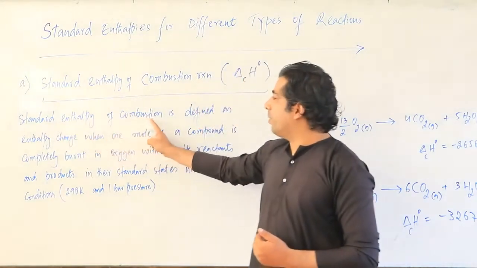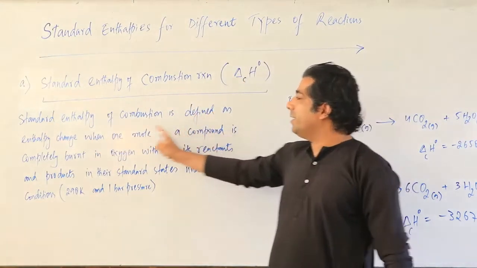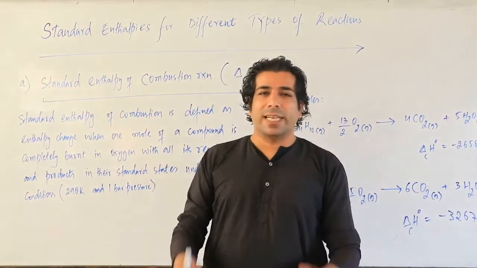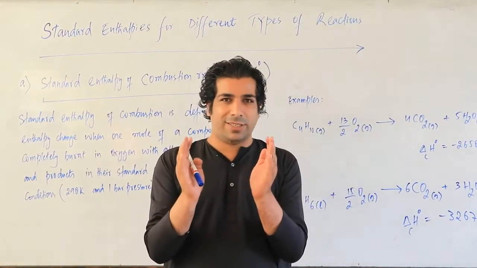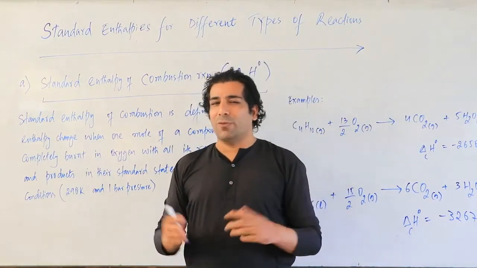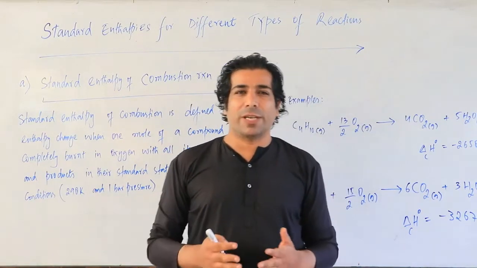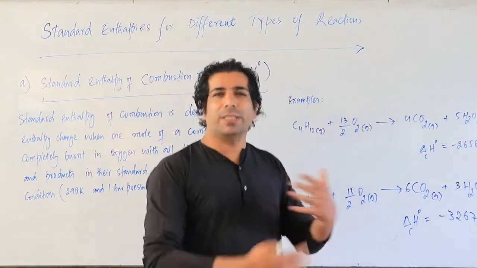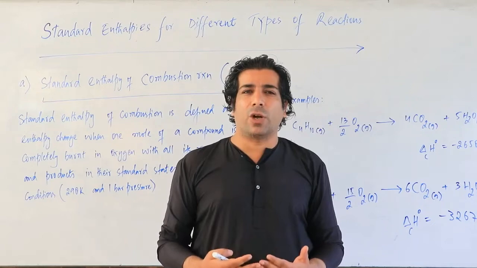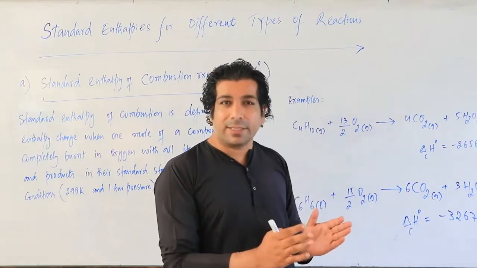Standard enthalpy of combustion is defined as enthalpy change. Enthalpy change basically means delta H naught, and that can be plus or minus. But we know that in combustion reactions, when we burn something, energy is released. So delta H R naught has to be minus, exothermic.